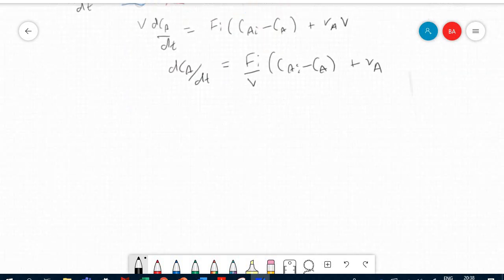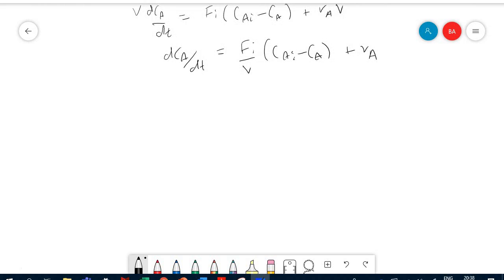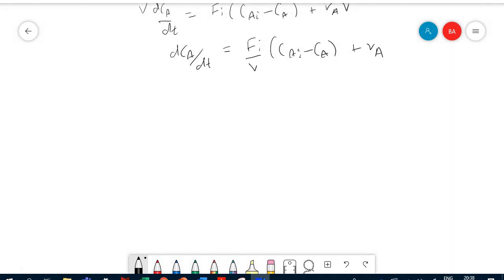A very nice equation that we have achieved. If you want to find how the concentration of B changes with time, you will just do that.